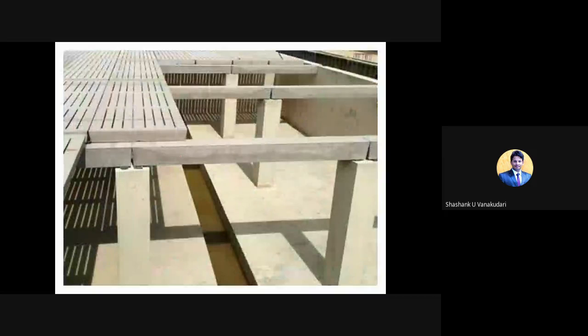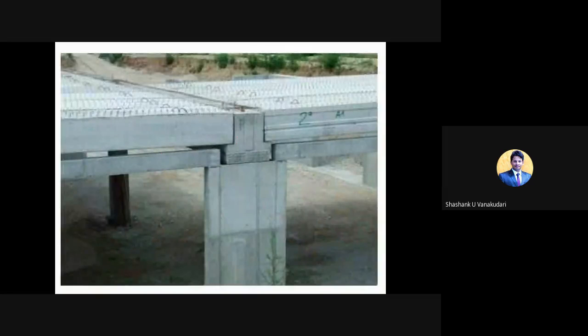And here you can see the common beam, that is the rectangular beam, and then the inverted T beam sections. These are the different types of beams as per the requirements, and they manufacture inverted T beams especially due to additional load considerations.